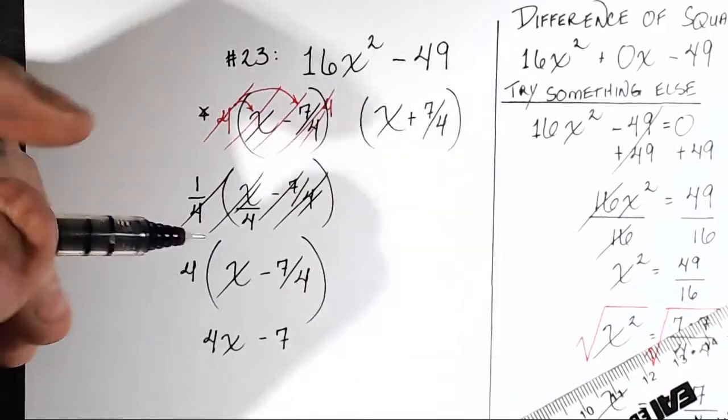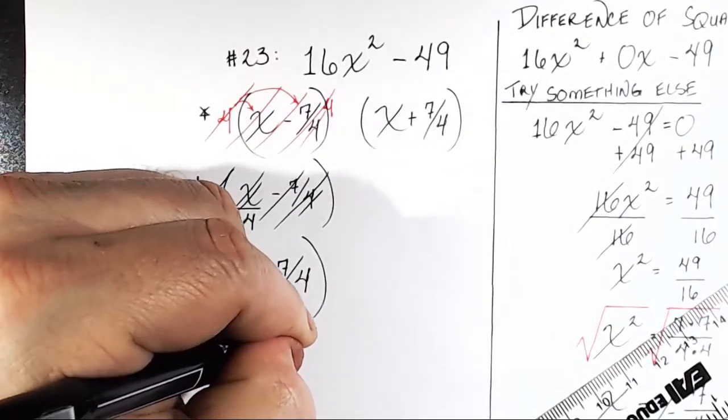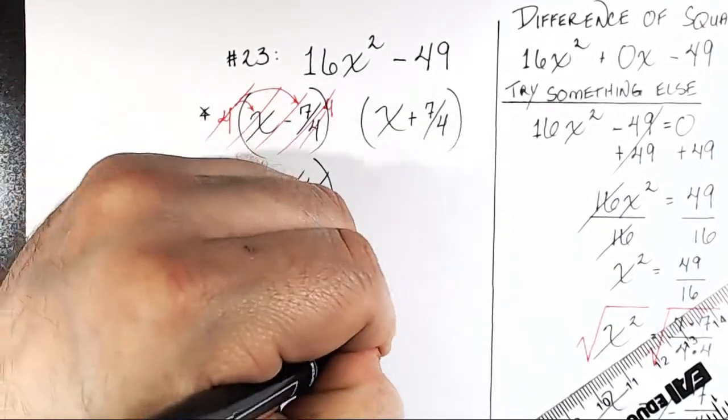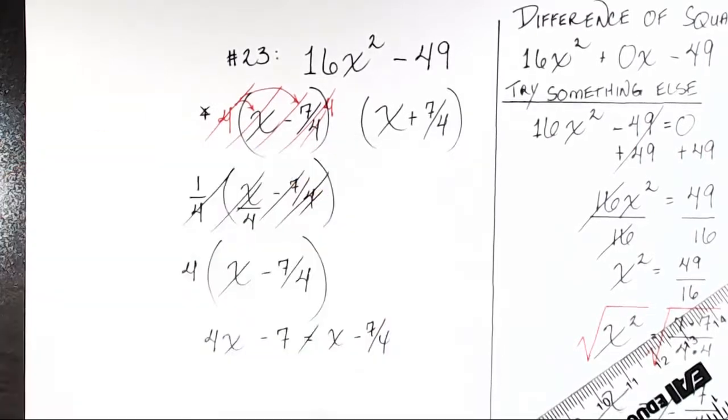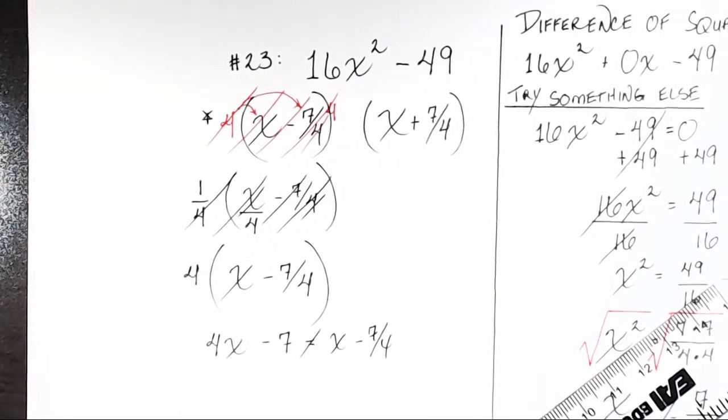So here's the problem, guys. 4x minus 7 does not equal x minus 7 over 4. That doesn't work.